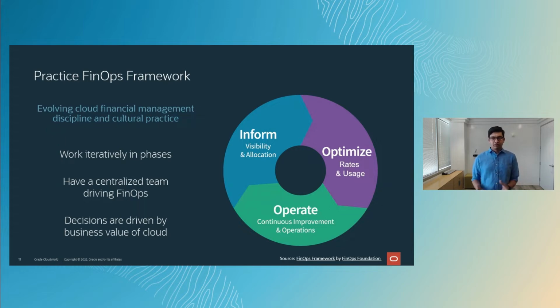Then you operate on all of this understanding and make it into a practice, and educate all your engineering teams to best use cloud environments. And then you go back. Once you have set this in motion, you get the data again and find new areas where you can improve, optimize, and operate.